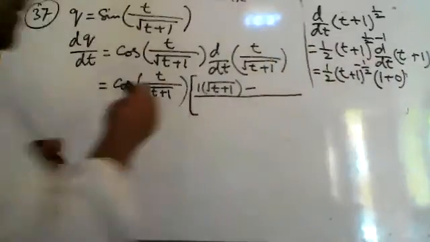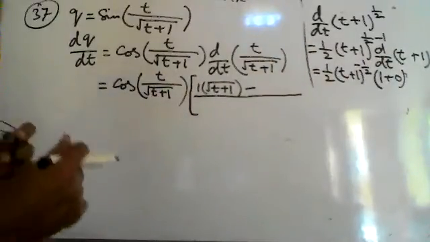It will become 1 over 2 into t plus 1 raised to power minus 1 over 2. 1 over 2 minus 1 will be minus 1 over 2, into the derivative of t plus 1. The derivative of t will be 1 and the derivative of 1 will be 0. So 1 plus 0 will be 1.